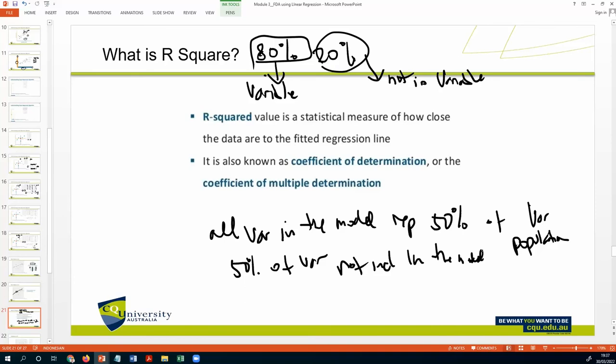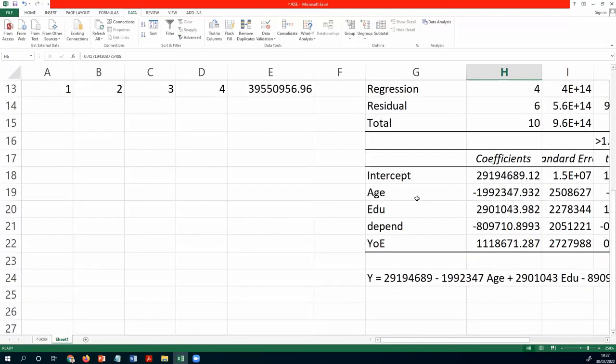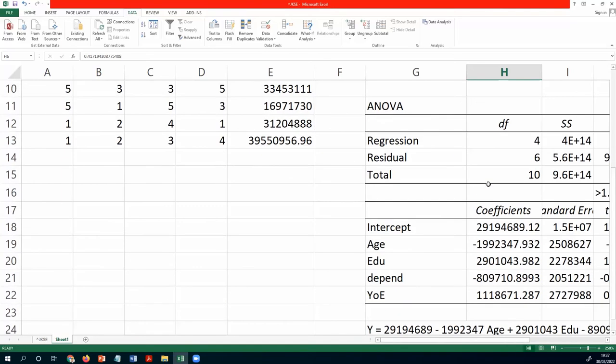Okay, let me put here. The R square is only 41%. So the age, education, dependents, years of experience only cover 41% of the supposedly included variables, due to the errors.